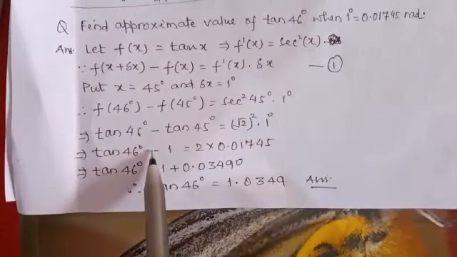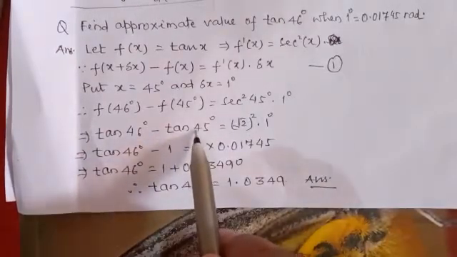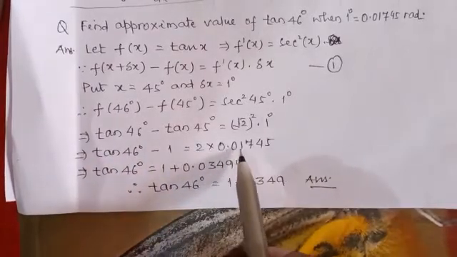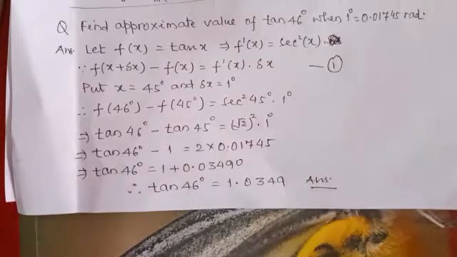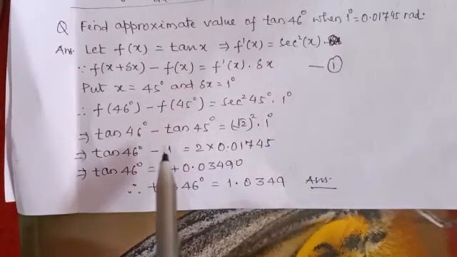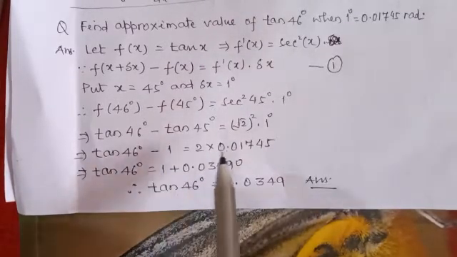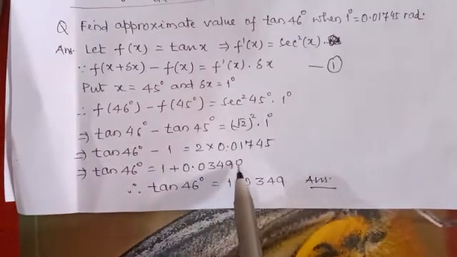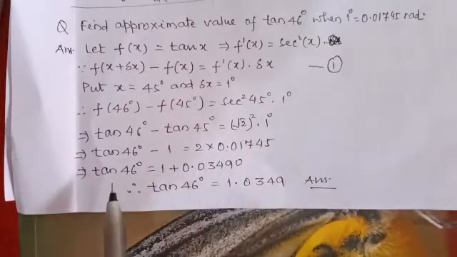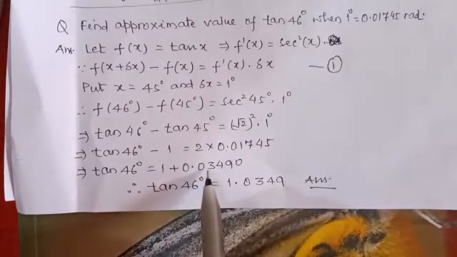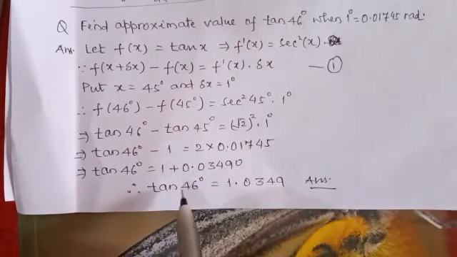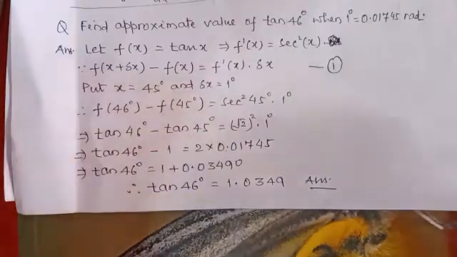So tan 46 degree minus tan 45, which is 1, is 2 into 0.01745. On the right side it becomes positive, multiply, so it should be 0.03490. Add them, so 1.0349 is the value of tan 46 degree. In this way we calculate the problem.